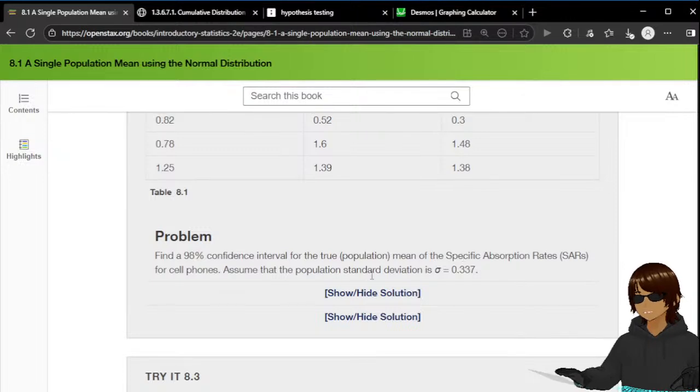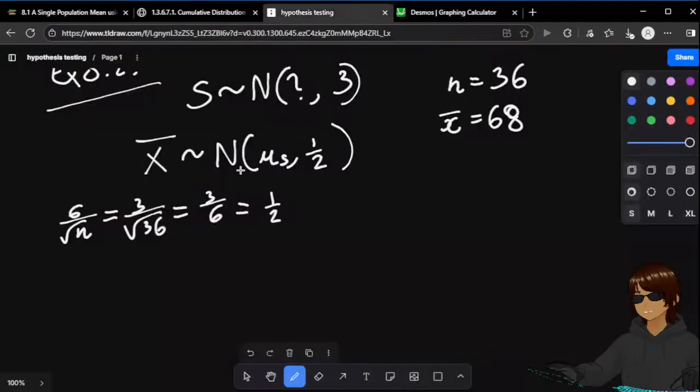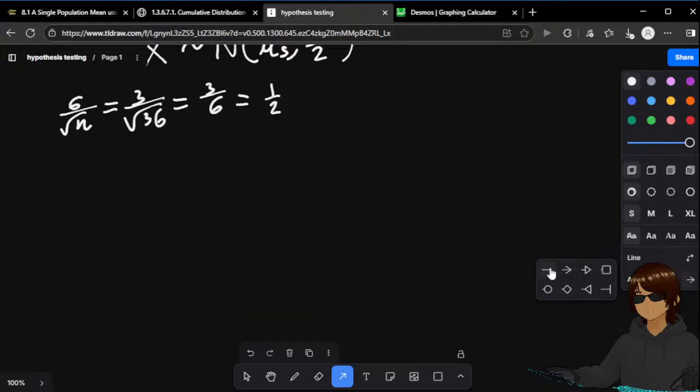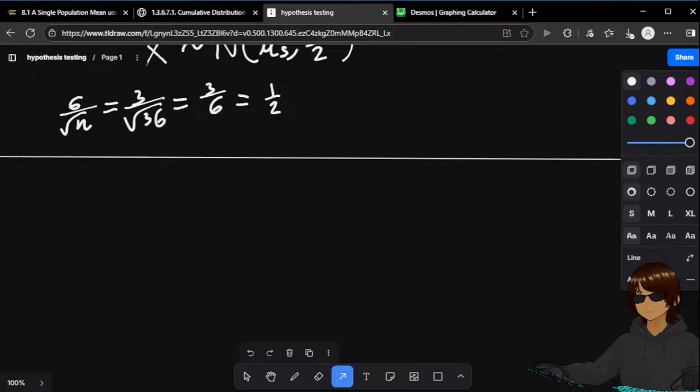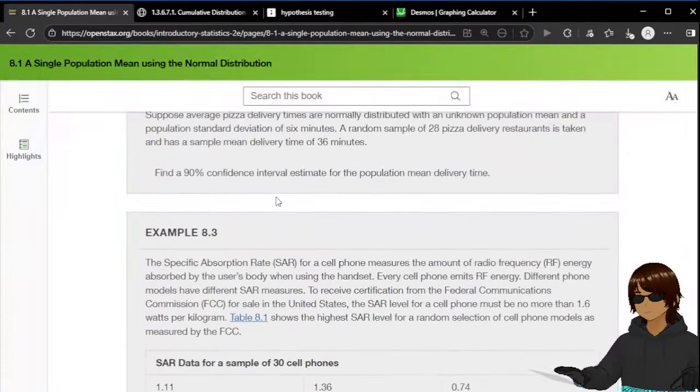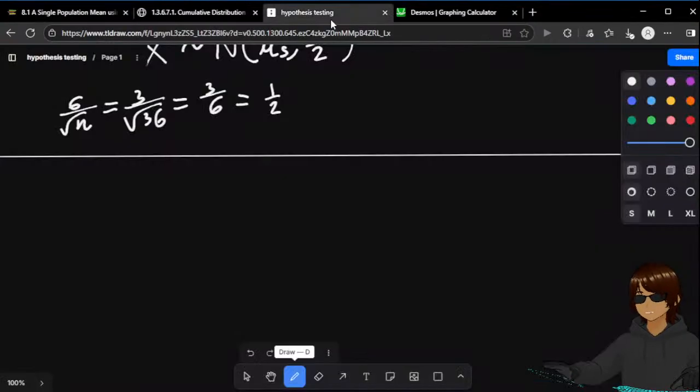Assume that the population standard deviation is 0.337. Okay. You have 2.33. So what is 2.33? That's the z score, right?